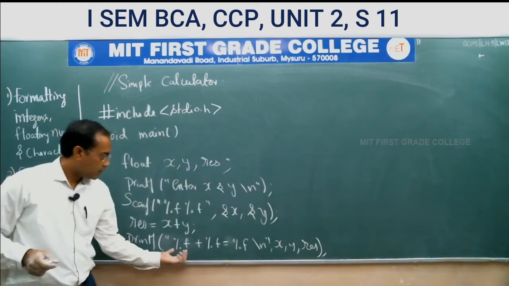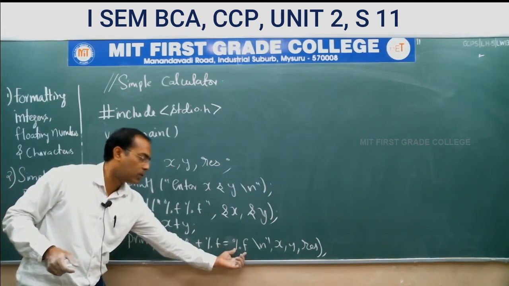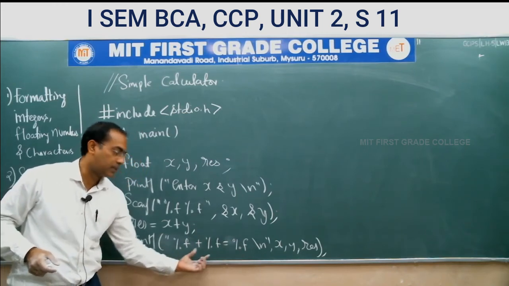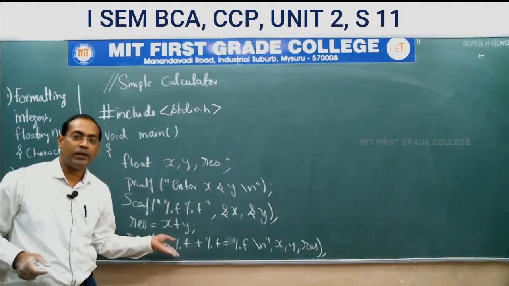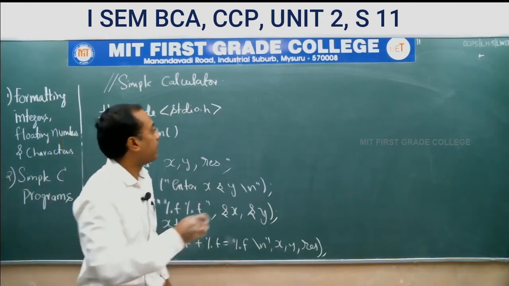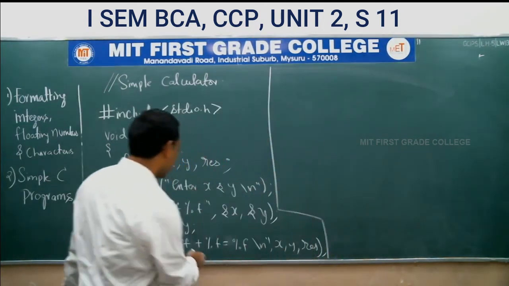Here we want the output as x plus y is equal to the result. So that's the reason we have used this kind of formatting instructions. You can use 0.2f also. So your wish, I am just keeping it without formatting. We have computed the addition.